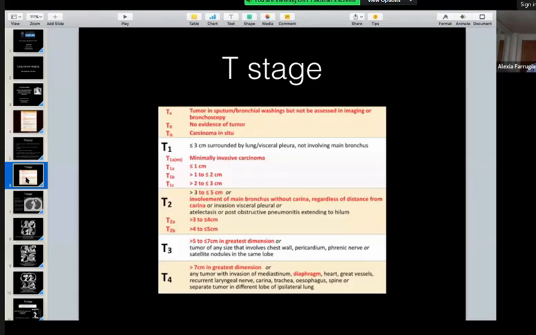They measure more than 7 centimeters in greatest dimension, or they could be any tumor with invasion of the mediastinum, the diaphragm, heart, great vessels, the recurrent laryngeal nerve, carina, trachea, esophagus, the spine, or a separate tumor in a different lobe of the ipsilateral lung. So say if the tumor is in the left upper lobe, a separate tumor in the left lower lobe would make that a T4 tumor, irrespective of size.